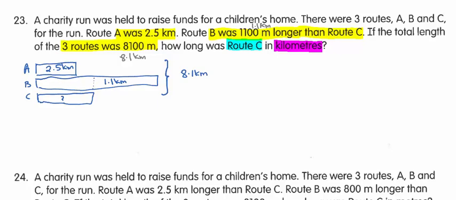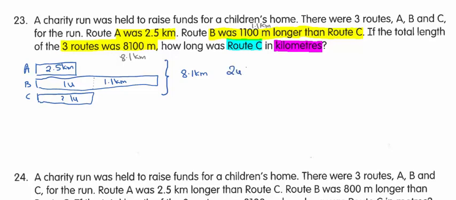If in this case this is 1 unit and this is 1 unit, so I'm looking for 1 unit. But this A here, it's not 1 unit. It's unknown. I don't know how many units this is. So what do I need to do? Okay, I know that the total is 8.1. Now if I can get rid of this 2.5, I can get rid of this 1.1, I'm left with 2 units. So that's exactly what I'm going to do.